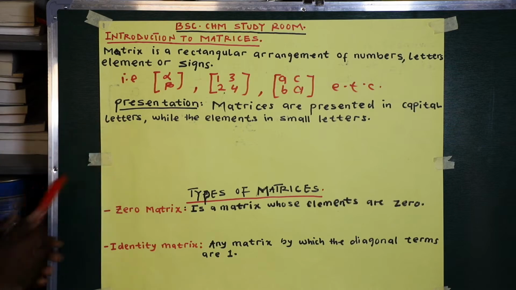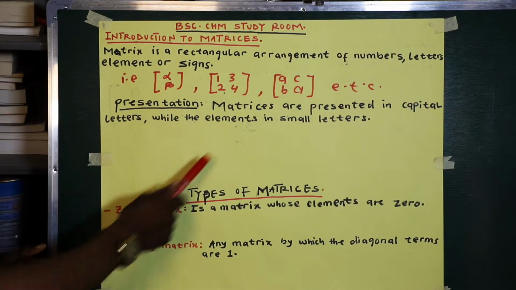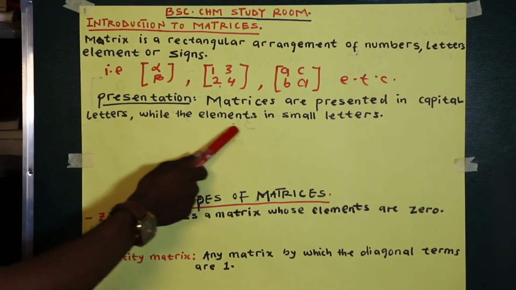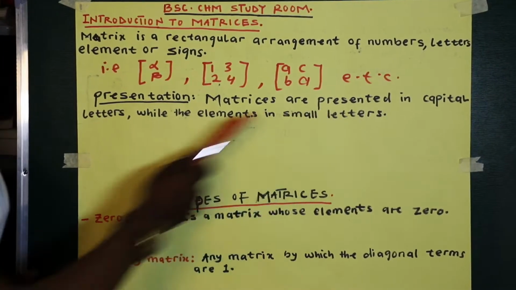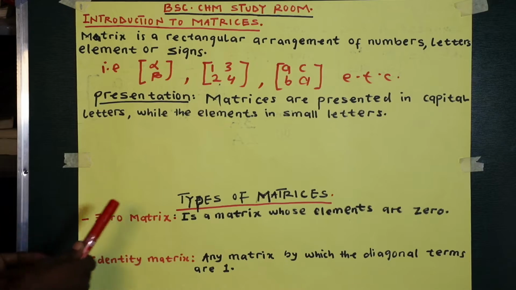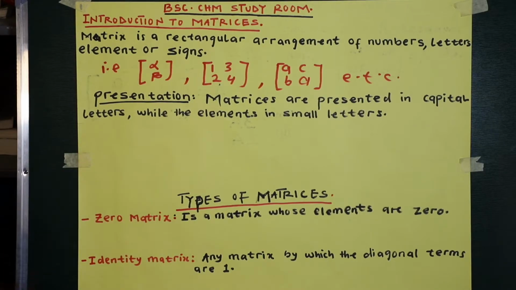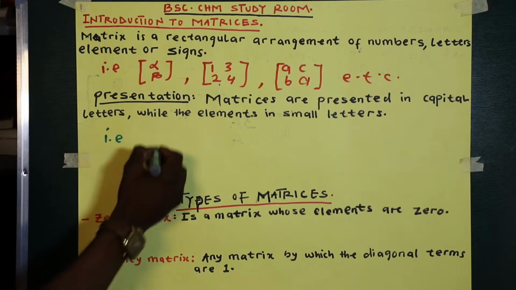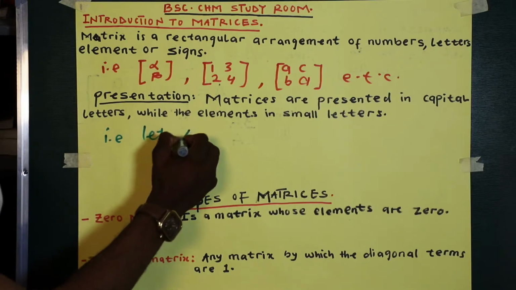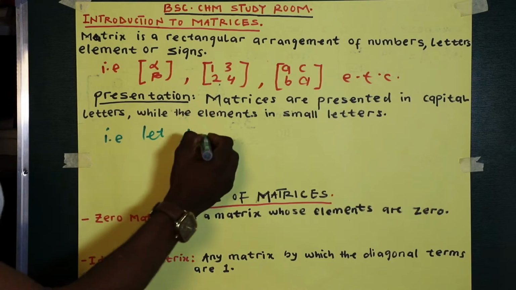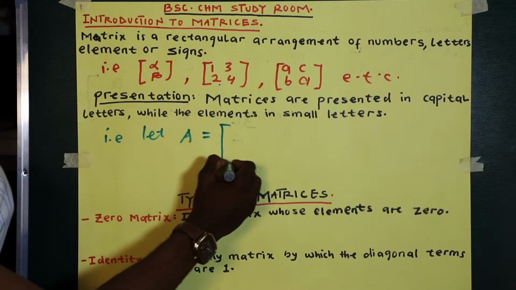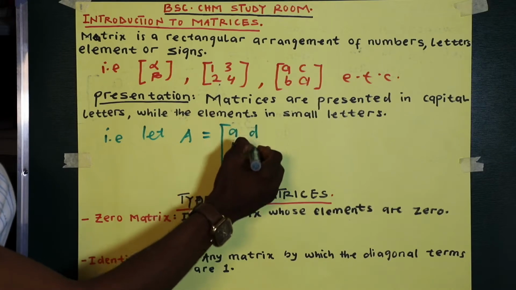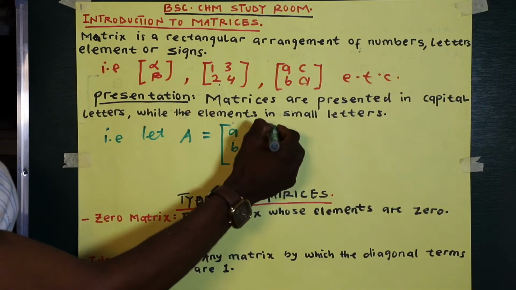So now let's see the presentation of matrices. Matrices are presented in capital letters, while the elements in the matrices are presented in small letters. For example, let A be a matrix of a, b, c, d, e, f.